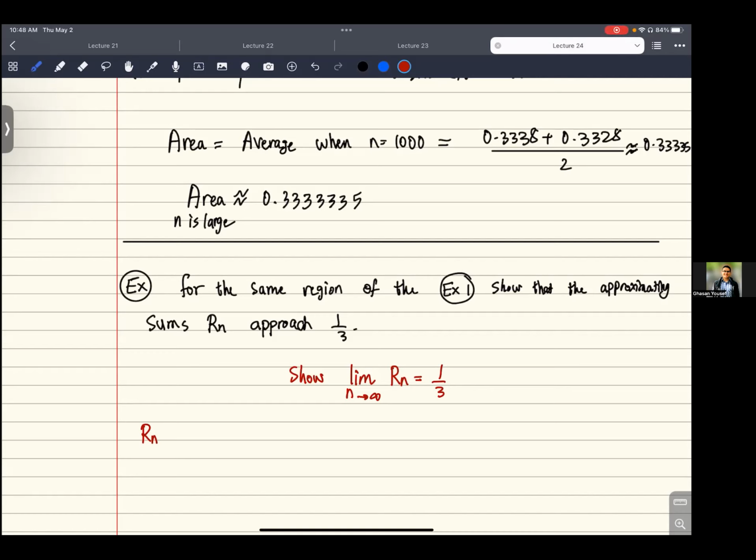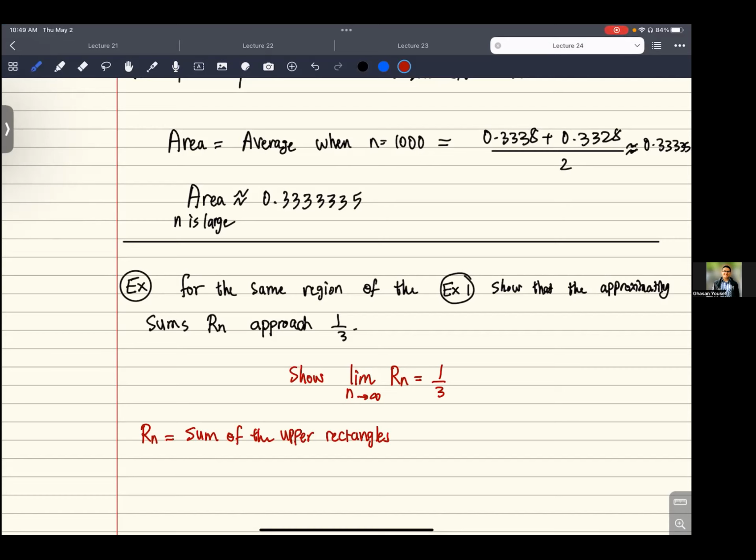If I want to find R of n, it's the same as the upper area, the sum of the upper rectangles. Okay, how can we find the upper rectangles?